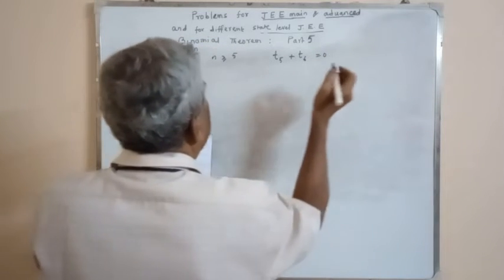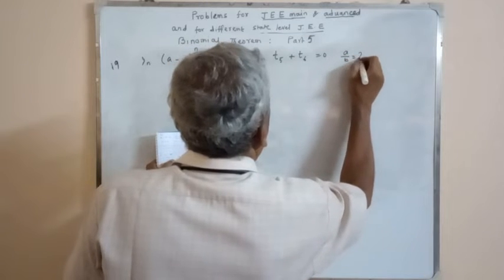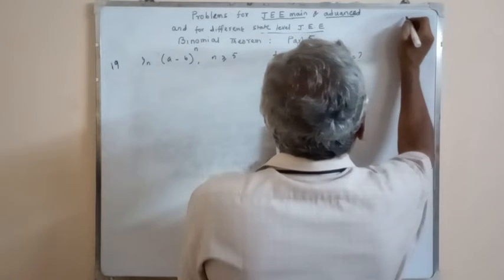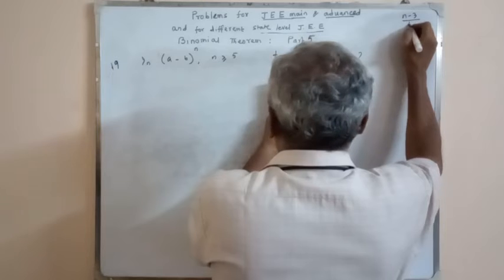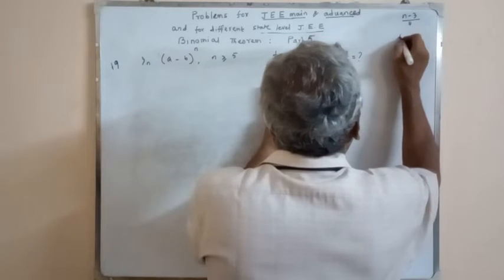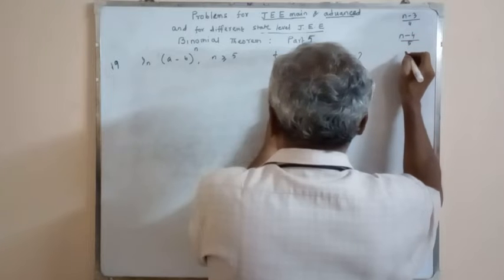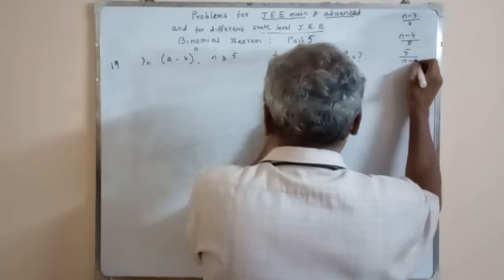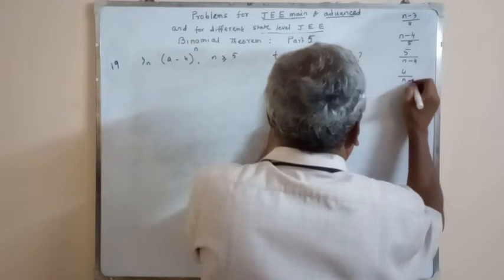Then a by b, how much? Options: (n minus 3) by 4, (n minus 4) by 5, 5 by (n minus 4), and 4 by (n minus 3).